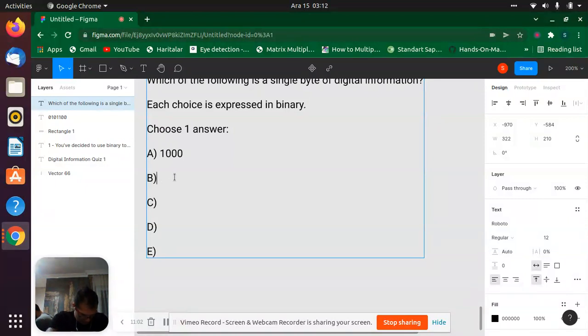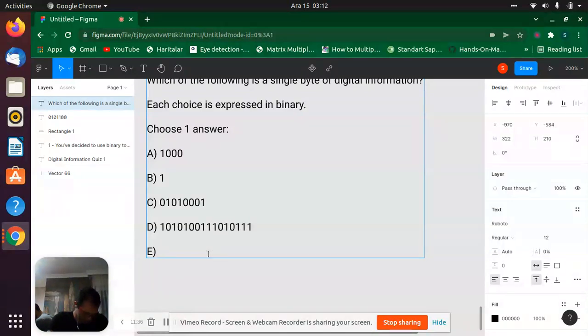The other one will be only 1, and the other one will be 0001, and the other one 1010, and 1001, and 11010111.